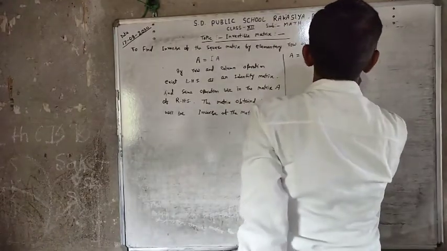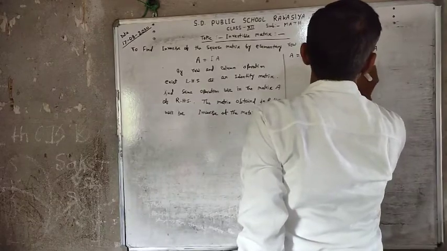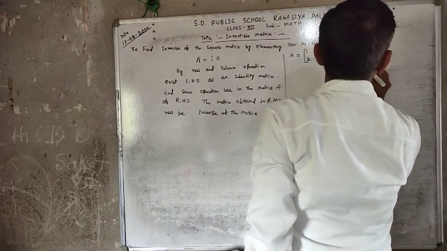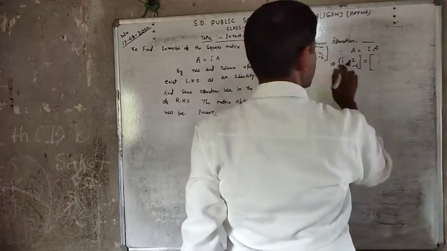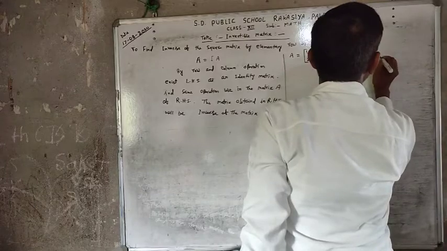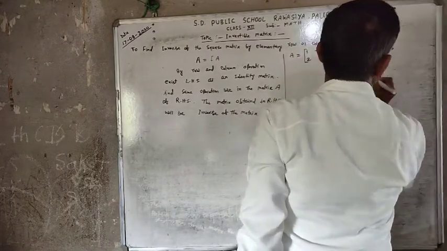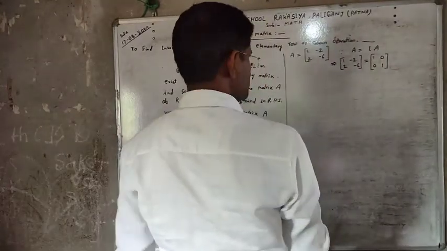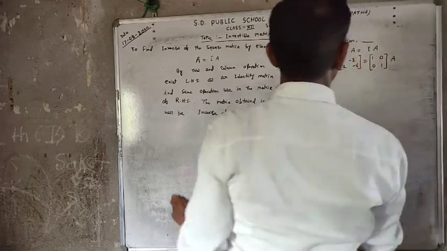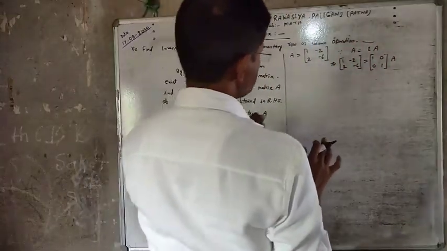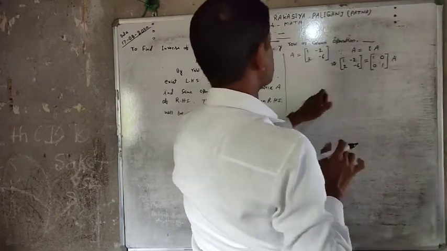This implies matrix A, 1, minus 2 and 2, minus 6, is equal to the identity matrix of the same order as matrix A, whose elements are 1, 0 and 0, 1. Now we proceed with the row operation or column operation.